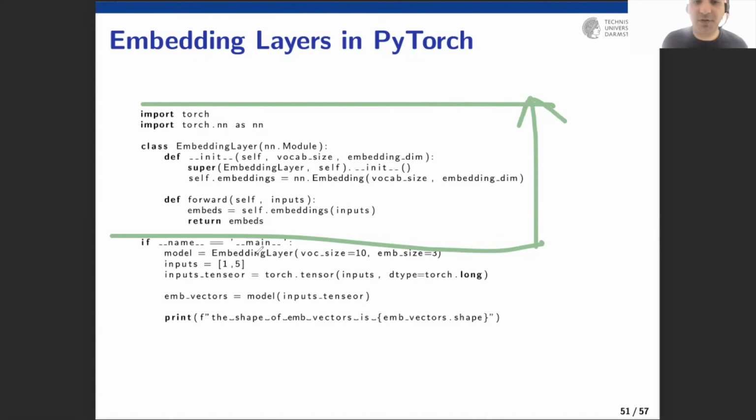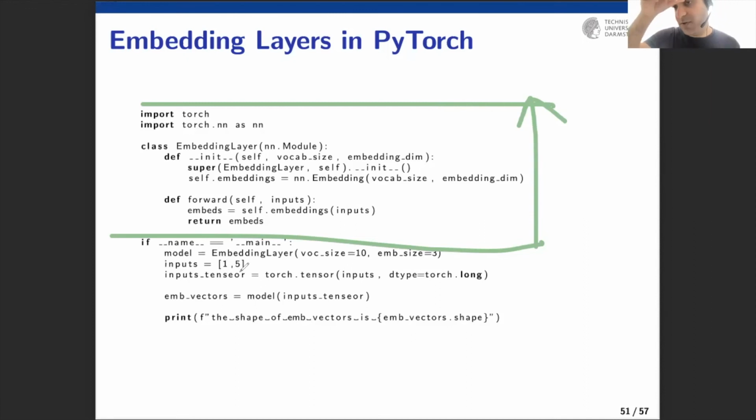So how should we call a neural network model in PyTorch? We define our embedding layer model with vocabulary size of 10 and embedding size of 3. So we define some inputs like word indexes that we want.